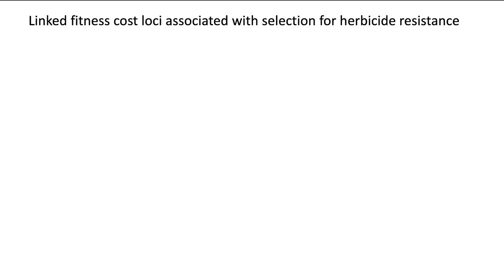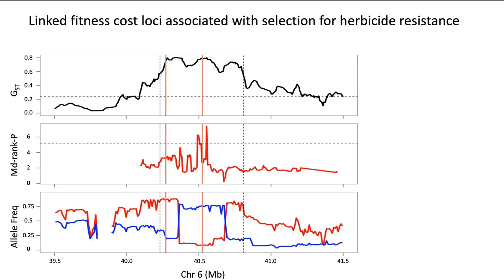And now I will come back to the region on chromosome 6. This is a very interesting region for multiple reasons. First, this region exhibits the most extreme population differentiation when comparing the resistant and susceptible individuals. Interestingly enough, this region was also under selection in the resistant and the susceptible populations, but for the opposite allele.